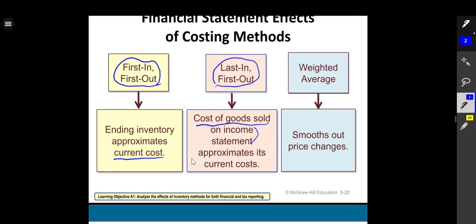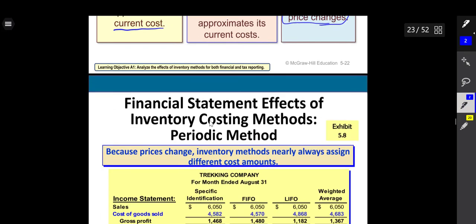Because of that, some retailers want to use the last in, first out method to approximate their costs and actually reduce net income on the income statement. Now, weighted average comes right in the middle of these two, and it smooths out any price changes you might have. If you use that method, it's just going to be a middle-of-the-road approach.